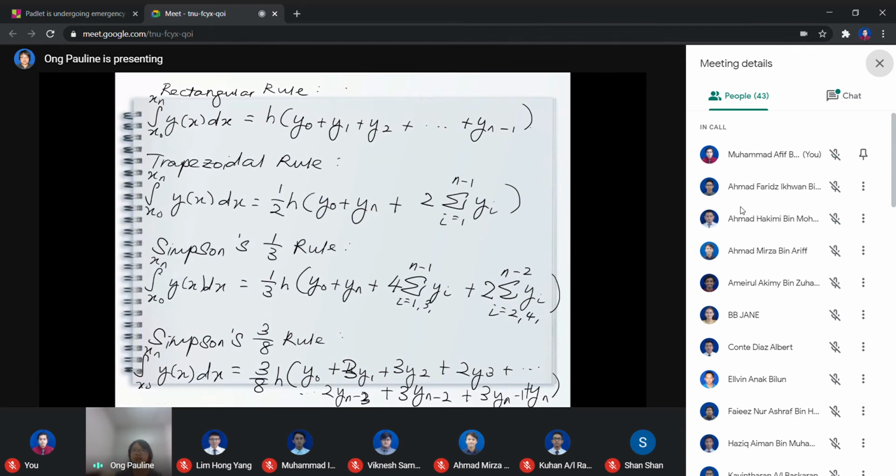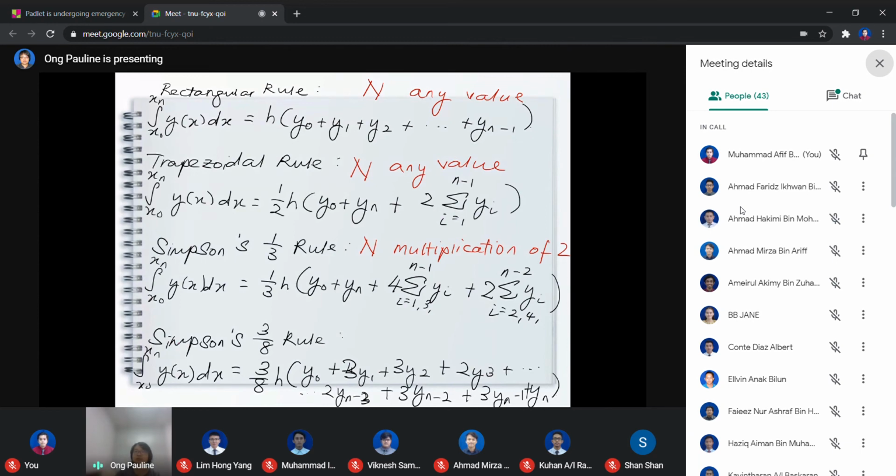For the rectangular rule and the trapezoidal rule, n can be any value. Meaning you can choose n to be 9 segments, or even 4 segments, it is all right. Whereas for the Simpson's 1 over 3 rule, n must be a multiple of 2, so n can only be an even number: 4, 6, 8, and so on.